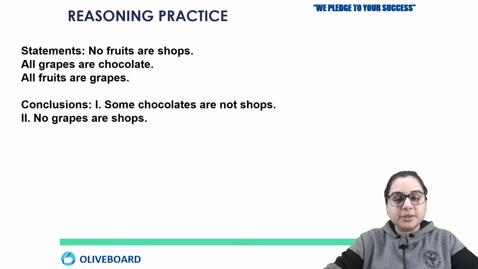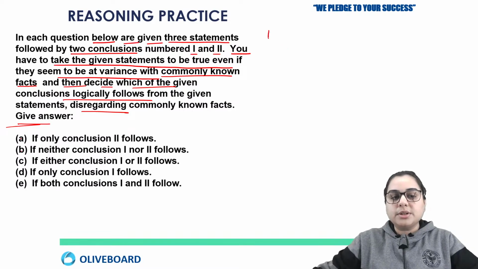This is the format of the question: there are three statements given to you followed by two conclusions. Now here the options are jumbled, so just see it very carefully.